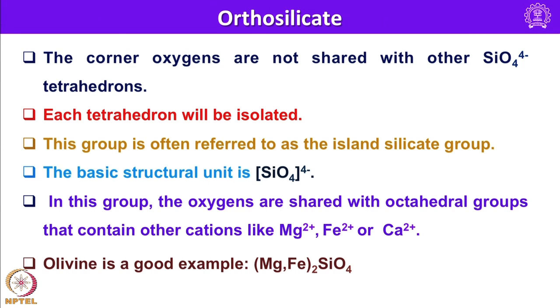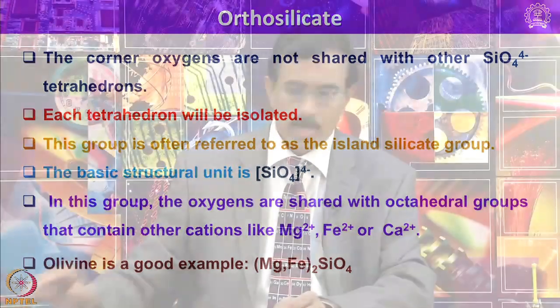The basic unit, as I mentioned, is again SiO4 4 minus. In this group, the oxygens are shared with octahedral groups that contain other cations such as magnesium, iron or calcium in their divalent states. Olivine is a good example that has composition of (Mg,Fe)2SiO4.